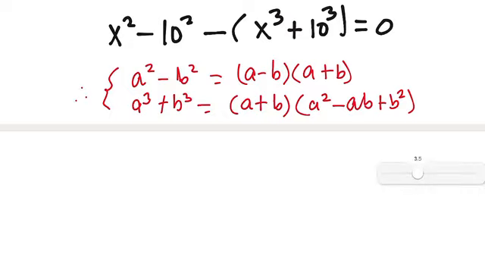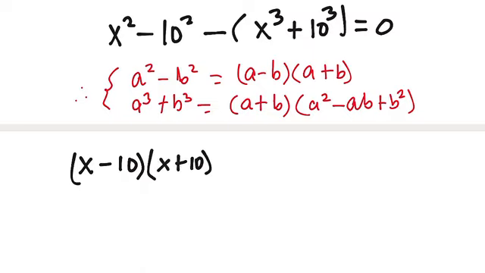Alright, so from here, the next thing we're going to do, we're going to have x squared minus 10 squared can be written as x minus 10 times x plus 10.